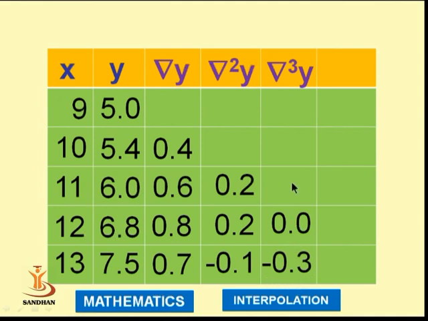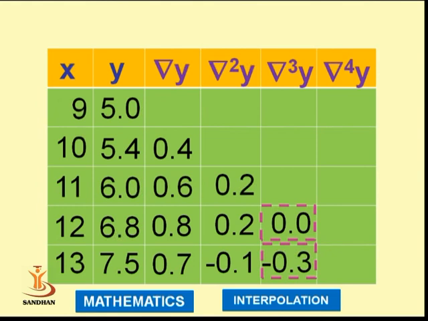We need to complete the table. We go ahead with the fourth order backward difference, denoted by nabla 4 y. Nabla 4 y5 is computed as nabla 3 y5 minus nabla 3 y4. The fourth order backward difference is computed as the difference of the third order backward differences.